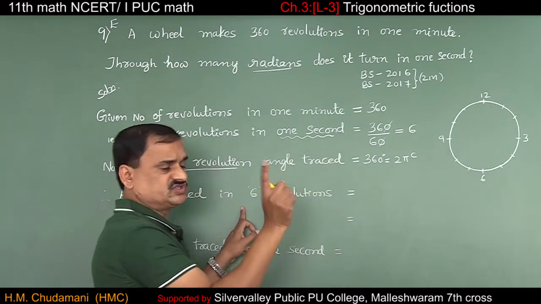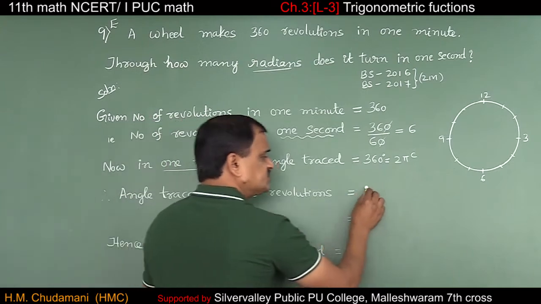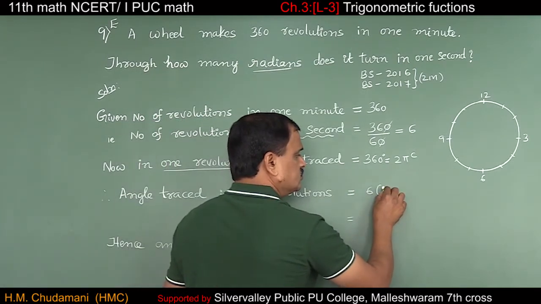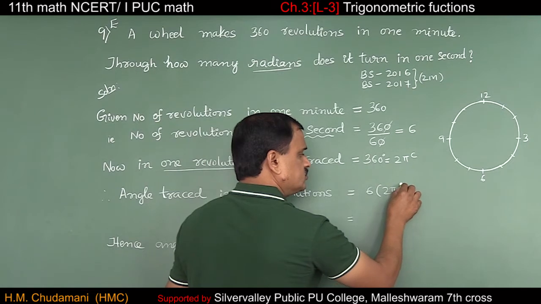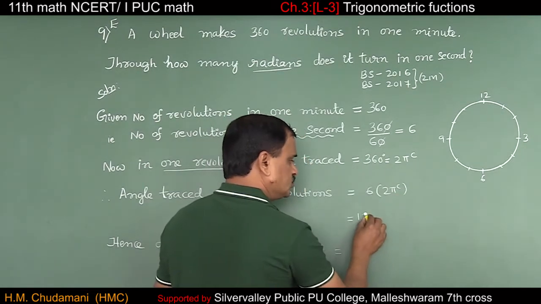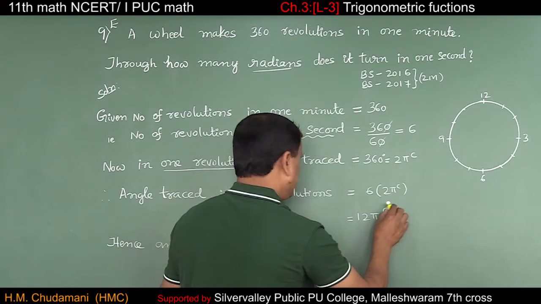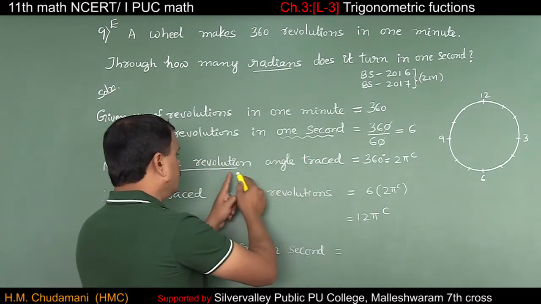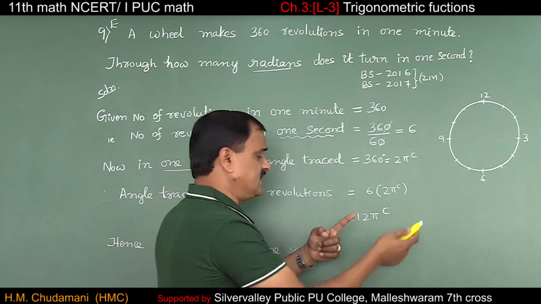In 6 revolutions means 6 into 2 pi, 6 into 2 is 12 pi. So in 6 revolutions 12 pi, in 1 revolution 2 pi.